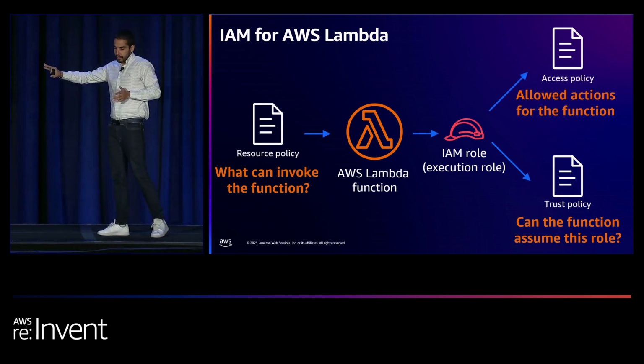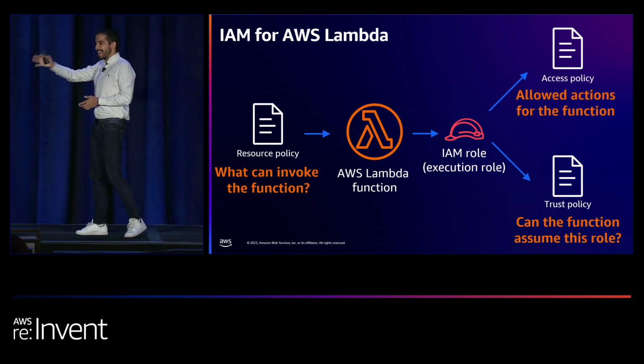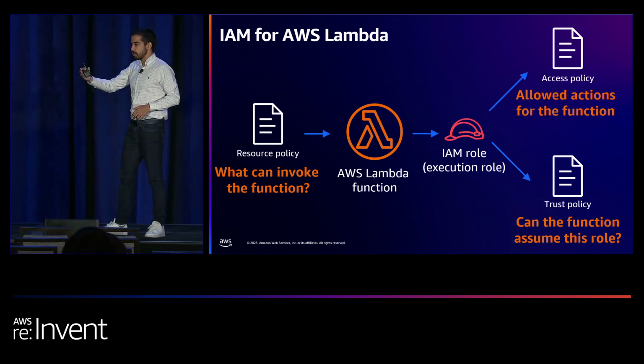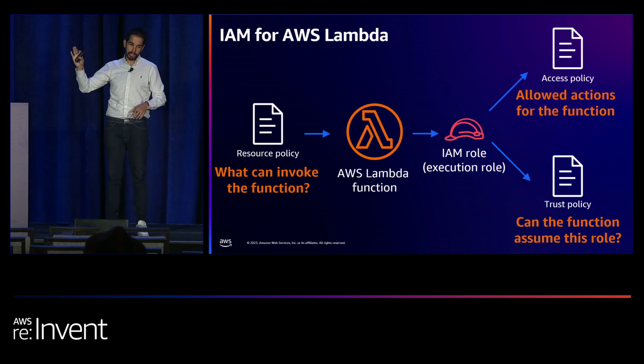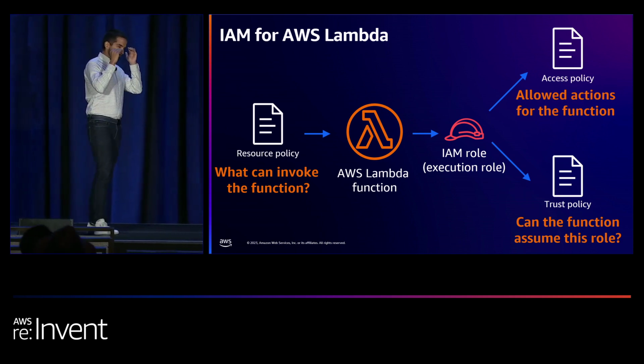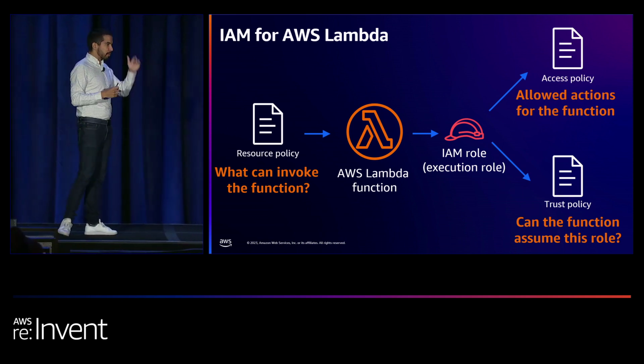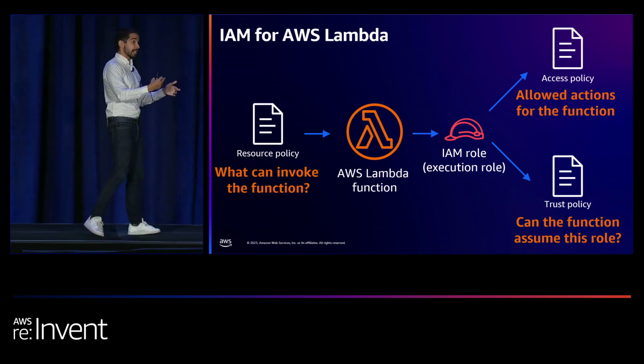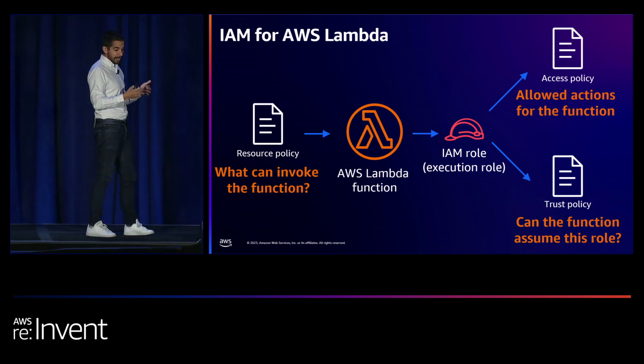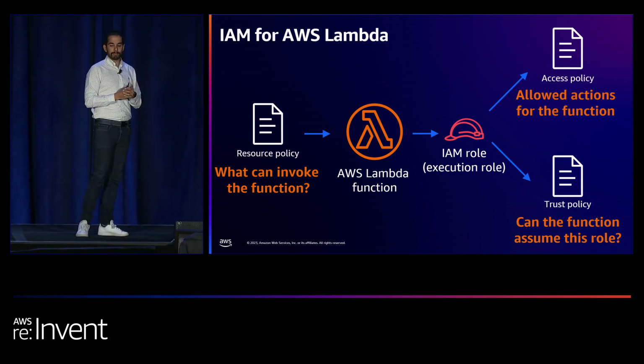The second side here is what are the actions that our Lambda function can do? And you can do that with the access policy. So even if you write code within that Lambda to interact with, say, an S3 bucket, if you don't have an access policy that allows this Lambda to interact with the bucket, then this call will fail.